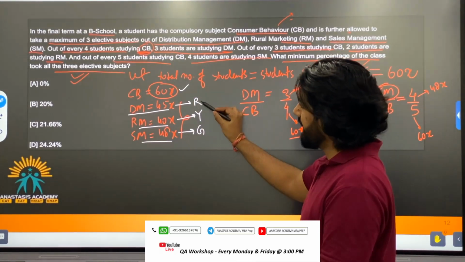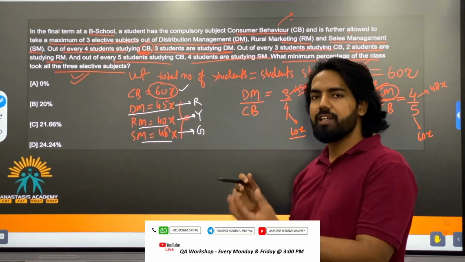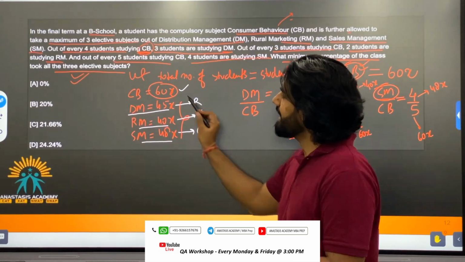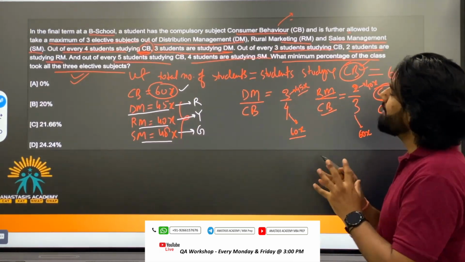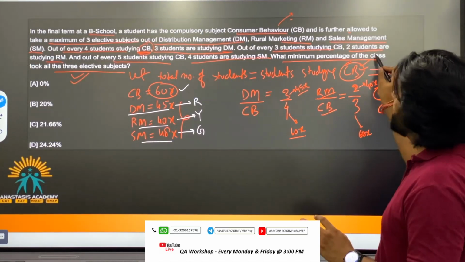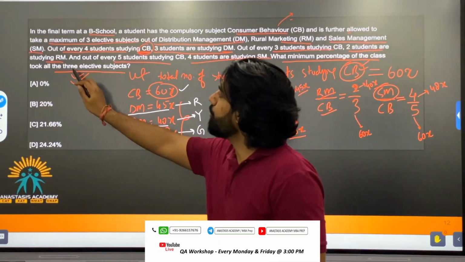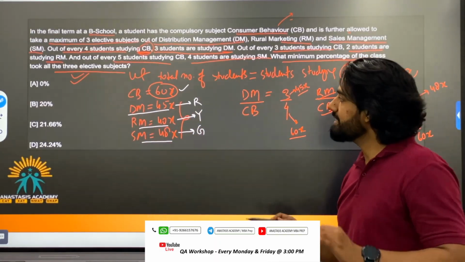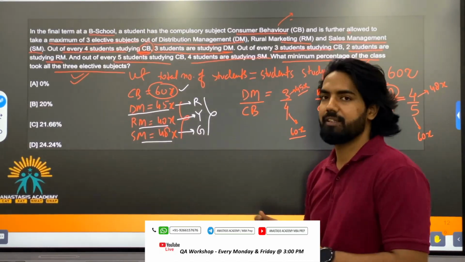I can give a red flag to one student. Also, I can give a yellow flag to that student. Also, I can give a green flag to that student. So I need to find how many. The minimum percentage of the students out of these 60x that took all three electives means the students that have all three flags.